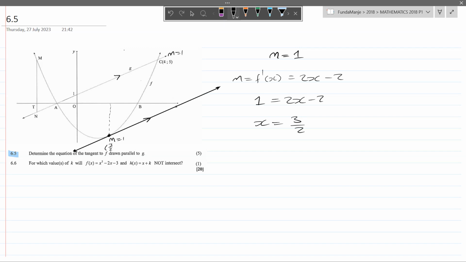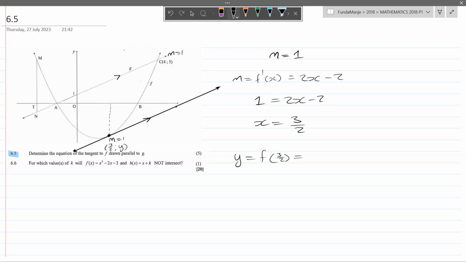To know what the y value is, that point is shared both by the tangent and by the parabola. So in order to find the y value, we simply need to put x into the formula of f. So we need to find our y when our x is 3 over 2.